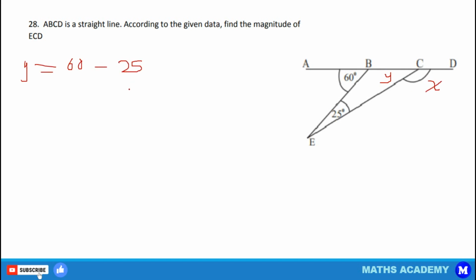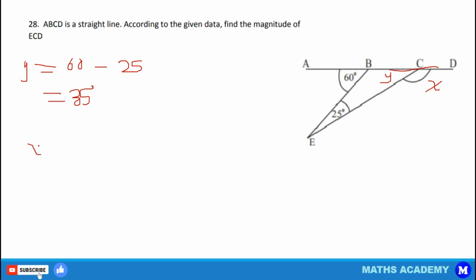Usually for these types of questions, you do not need to write the geometrical theorems, only for the bigger questions that are in your paper 2. So that will be equal to 35 degree. So y equals 35 degree. To calculate ECD, that is x, this is a straight line. You can see it's a straight line. So a straight line adds up to 180.